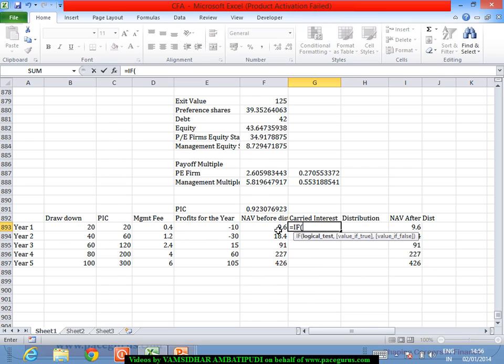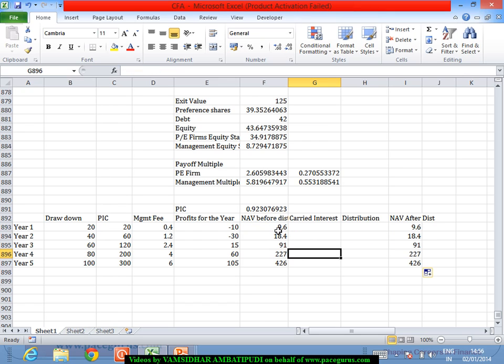If this is greater than 325, I talk about the excess. So the carried interest applies to 426 minus 325, and a 20% is applied on top of that. So the carried interest which the general partner is receiving is somewhere around 20.2 million for the performance in year 5.